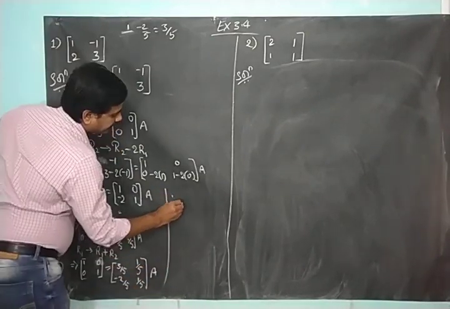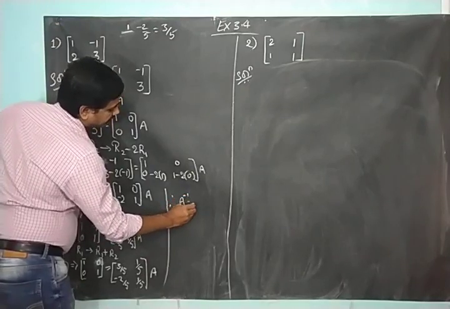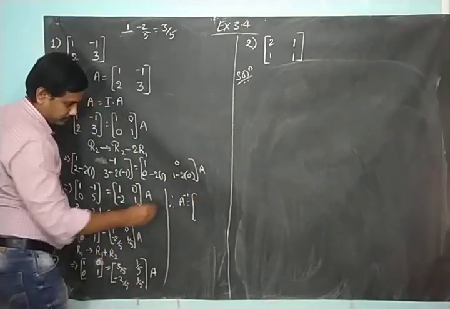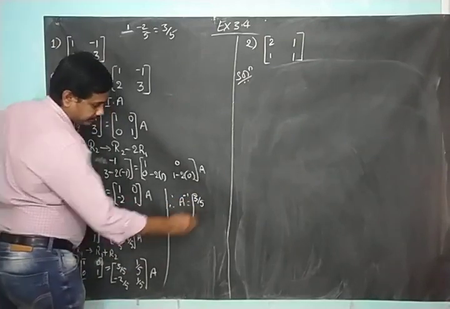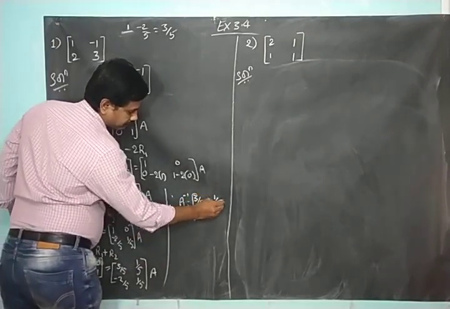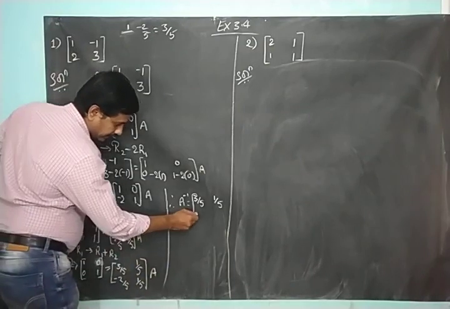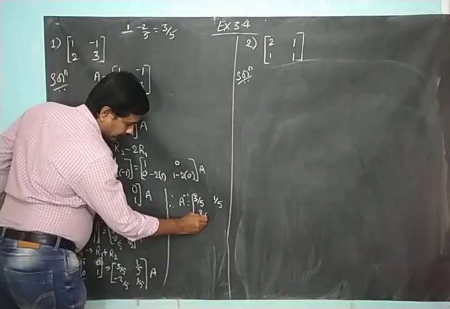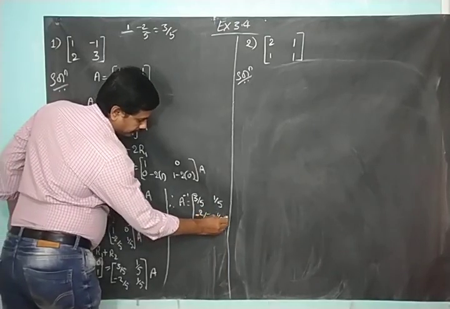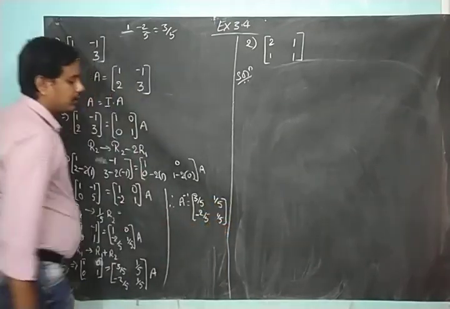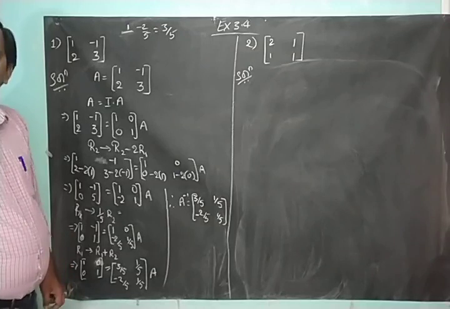So I can write A inverse as equal to 3 by 5, 1 by 5, minus 2 by 5, 1 by 5.